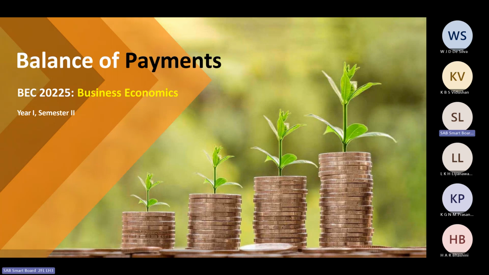Because foreign currency will be demanded only when consumers need to purchase goods and services by using foreign currency. So the demand for foreign currencies depends on the demand for the products. Therefore, we call this a derived demand.